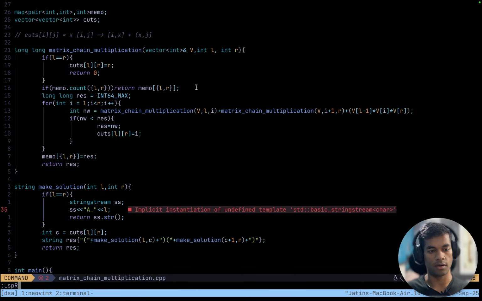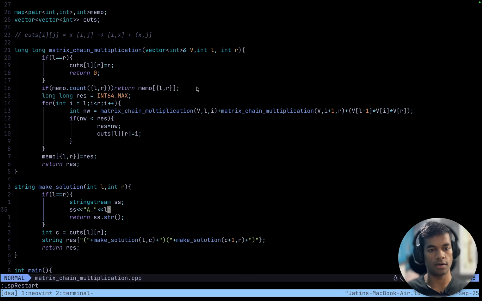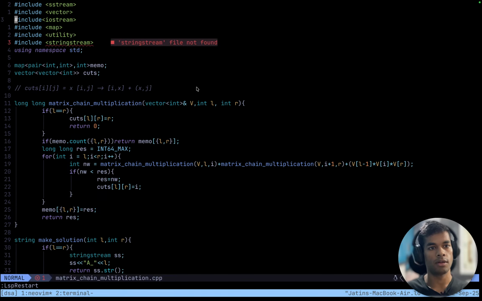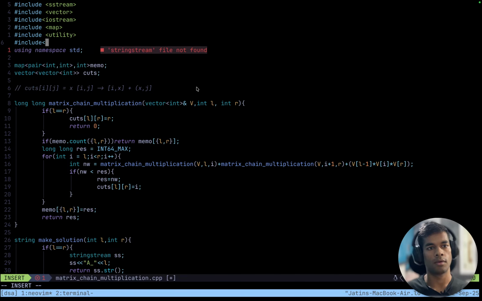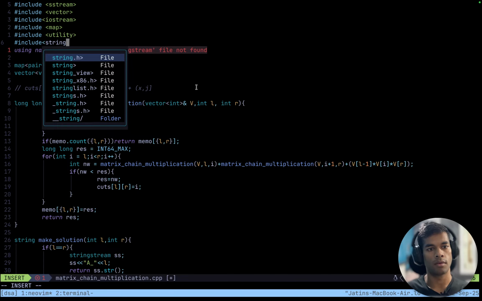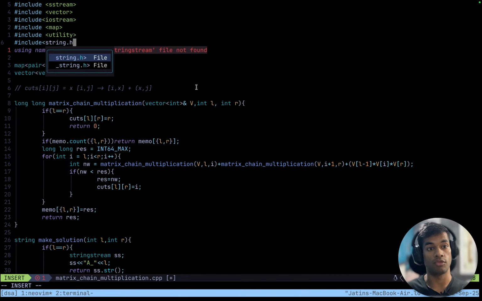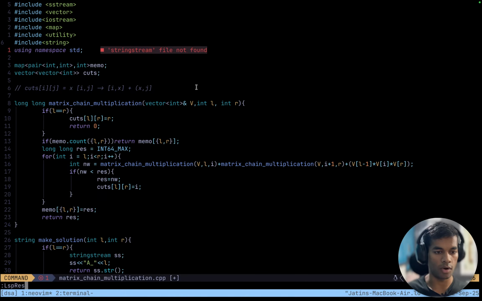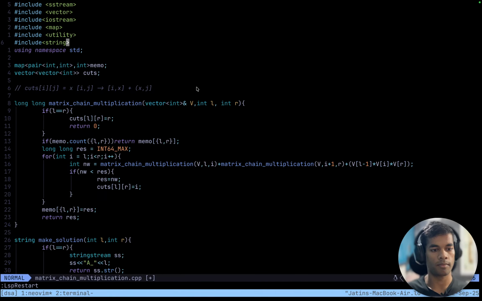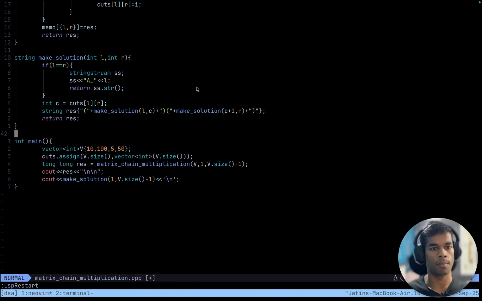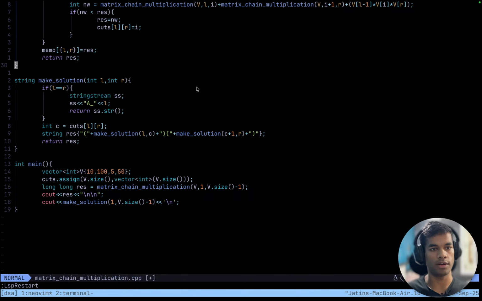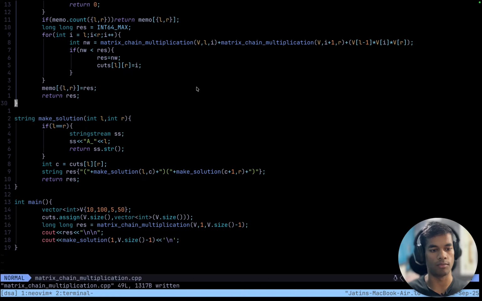LSP restart. Okay, now it is better. It's giving me an error here. File not found. Why? String.h. Yes, LSP is hallucinating officially. It seems to be fine now. It seems to be absolutely fine now.